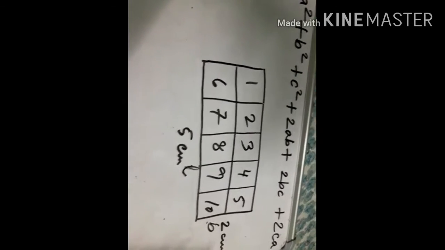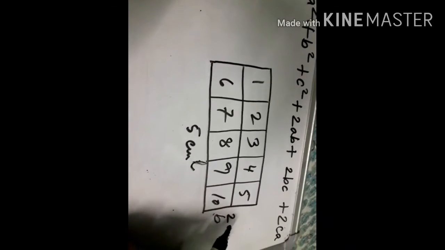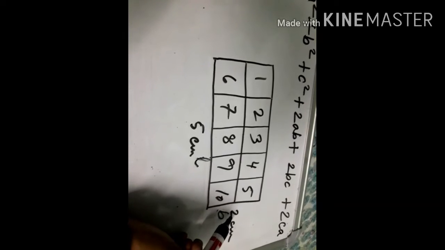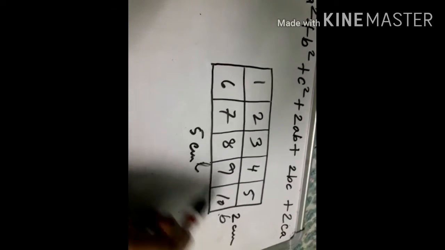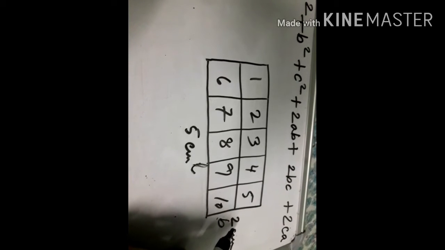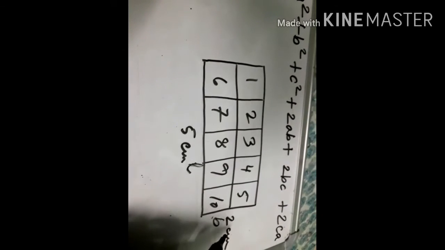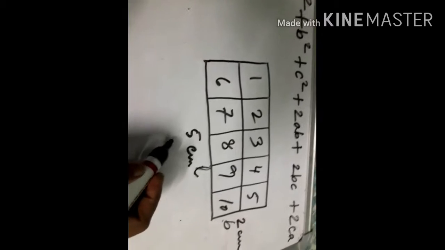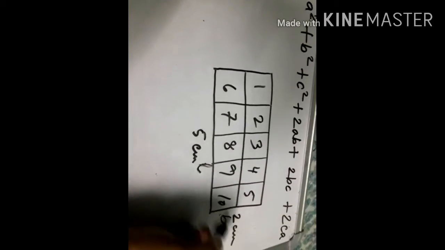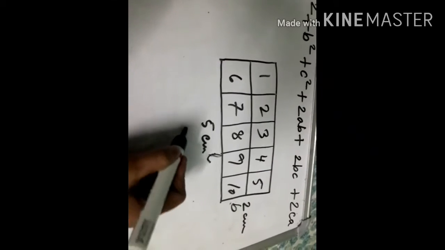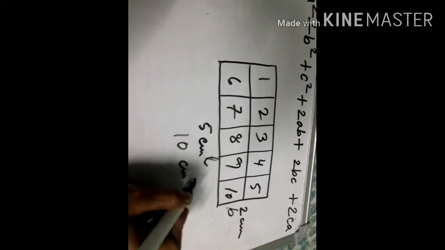That's why, to make it easier, we multiply length into breadth to find the area of the rectangle. So the area of the rectangle is 5 into 2, that is 10 centimeter square.